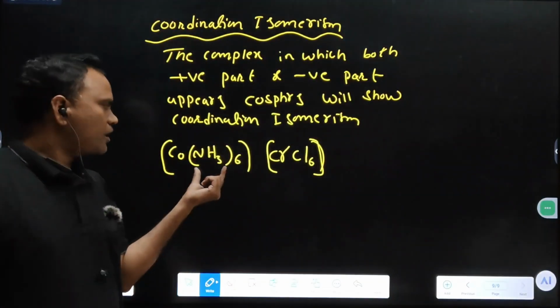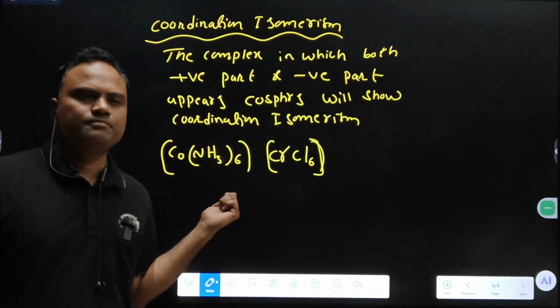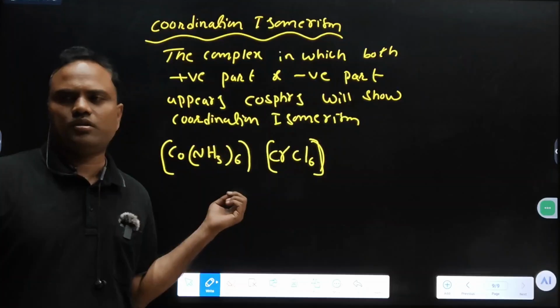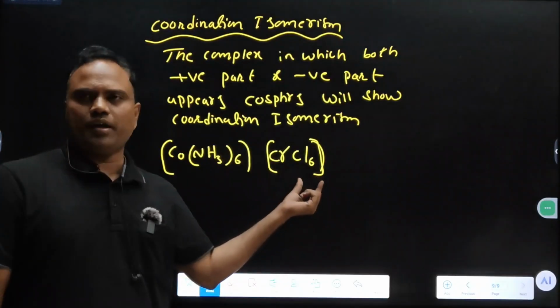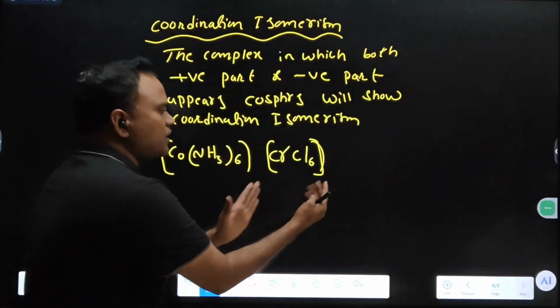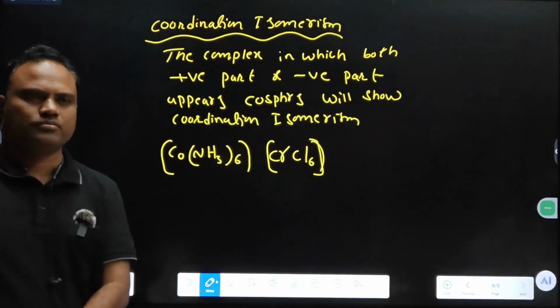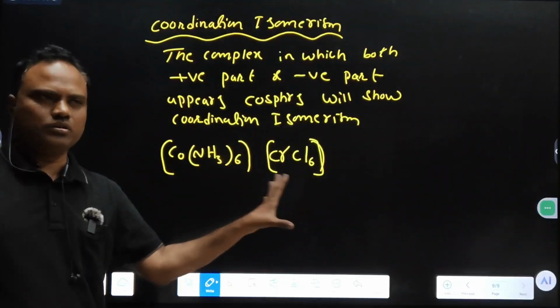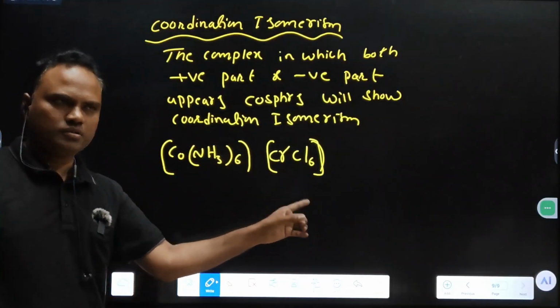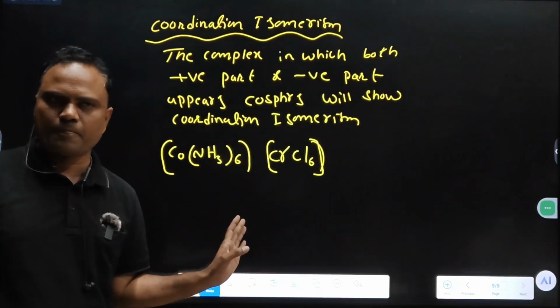See, amine, which ligand? Neutral. Chlorine is negative, halogen is negative. So you can imagine this part as negative, this as positive. This total structure is a complex, right? The total unit is a complex.